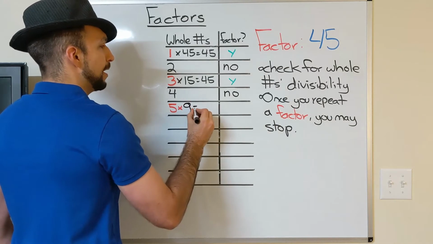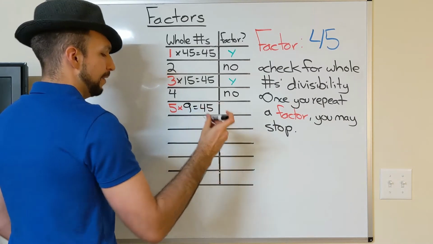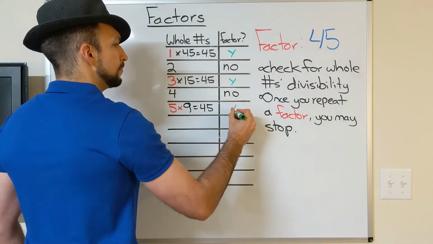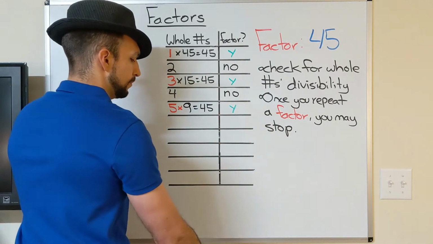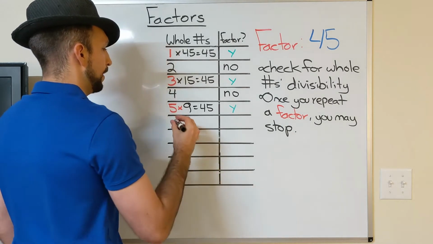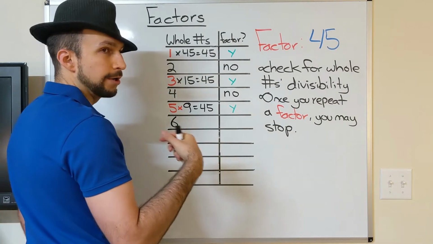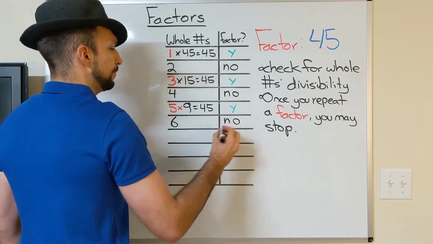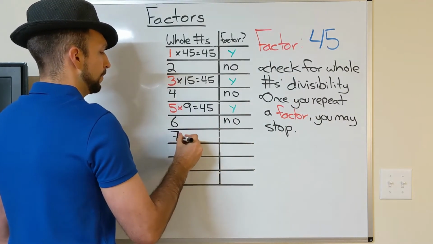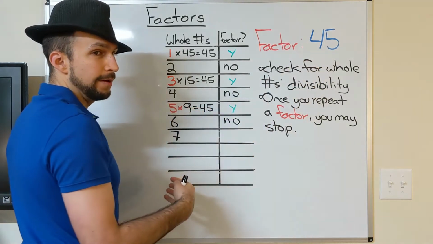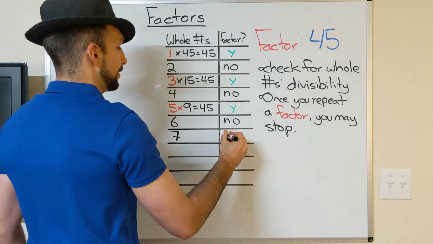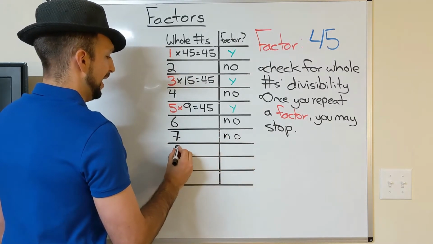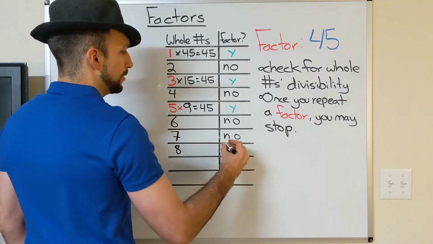So 5 times 9 is 45, and this is a factor. Next, we'll try 6. 6, again, is an even number, so it won't go into an odd number. So this will not be a factor. 7. We could try dividing 45 by 7, but we're going to get a decimal, so this is not a factor either. 8. Another even number, so this will not be a factor.